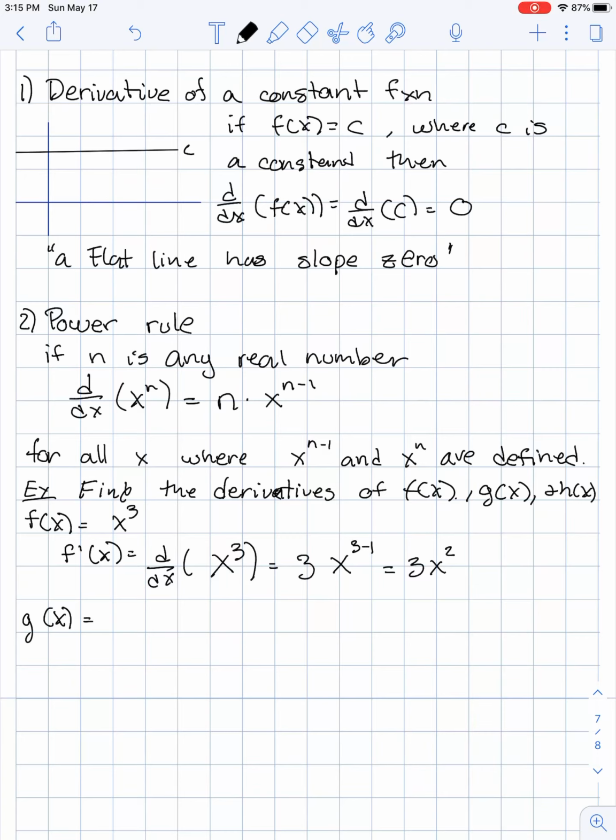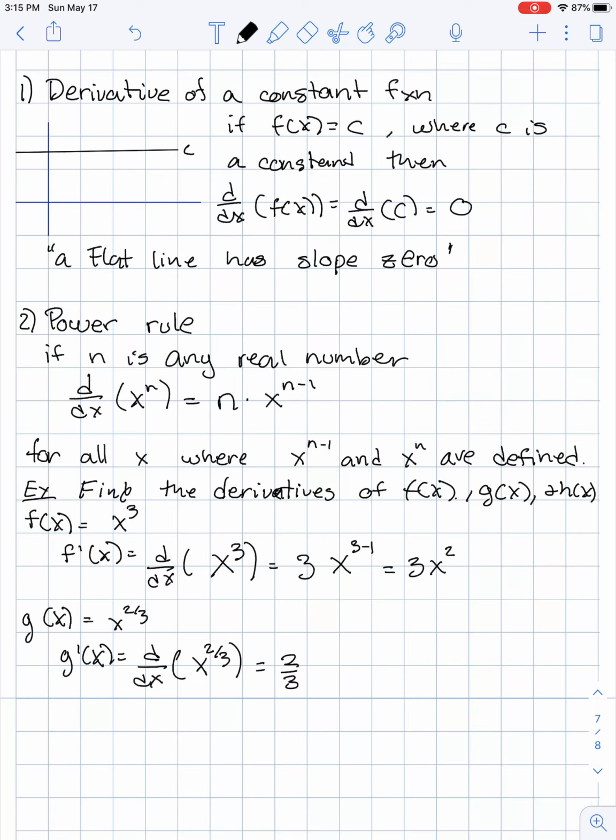I almost said cubed. All right, so then g of x equals x to the 2/3. So g prime of x is going to equal the derivative of x to the 2/3.